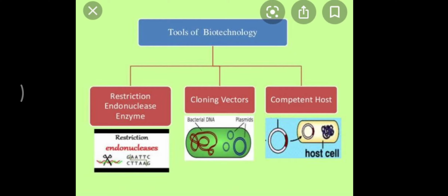The recombinant DNA is taken up by a suitable bacterial cell, which is the host cell. The bacterial cells are poorly accessible to DNA molecules, and these host cells are made competent by treating them with calcium ions.